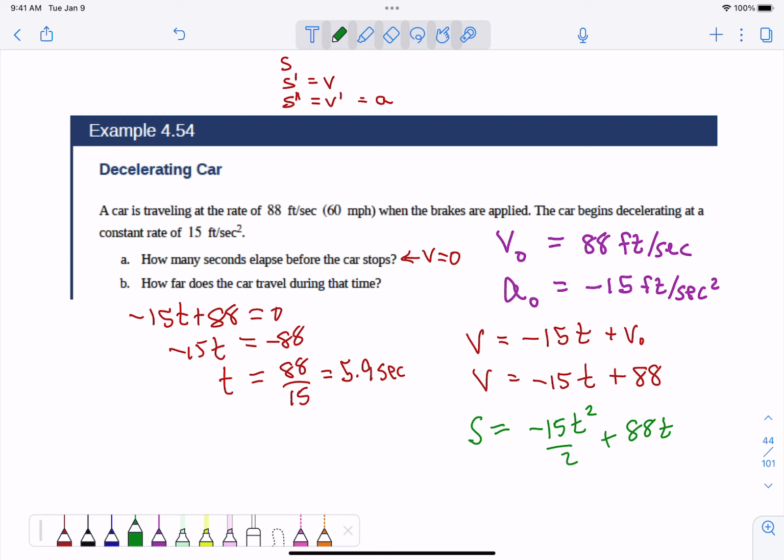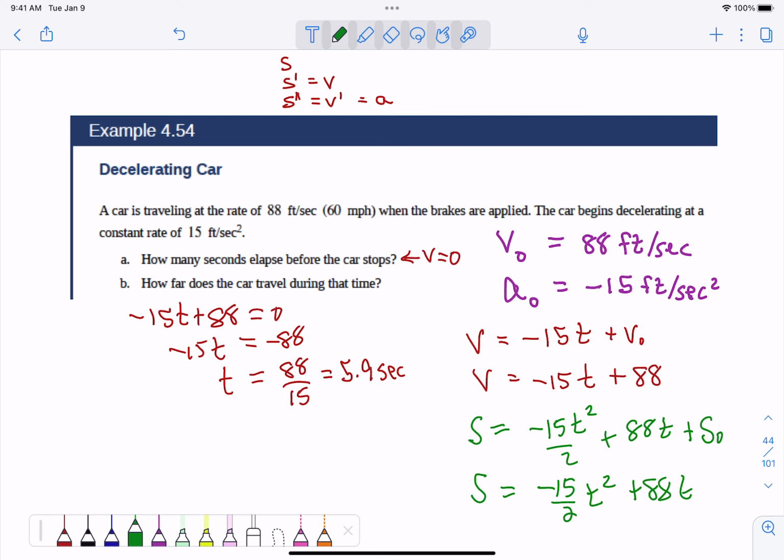And we're going to think of that initial position as when the brake's applied, the 0 point. So we don't need anything because that's really going to be plus 0. Okay. So it says, how far does the car travel during that time?